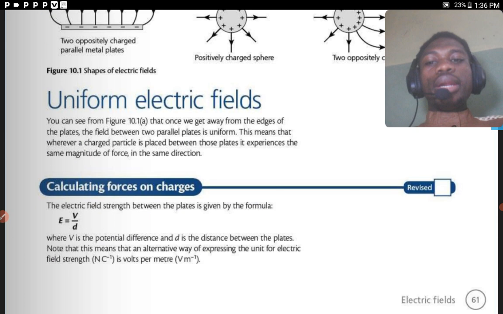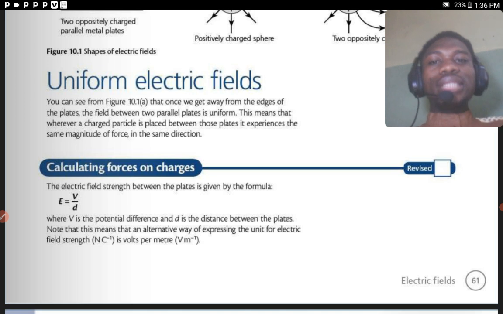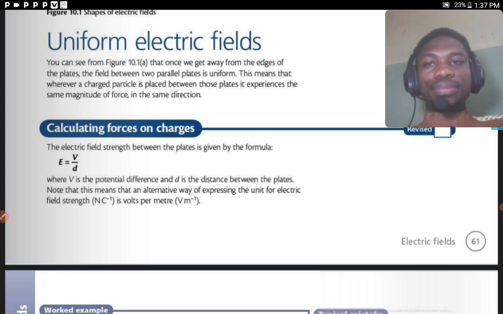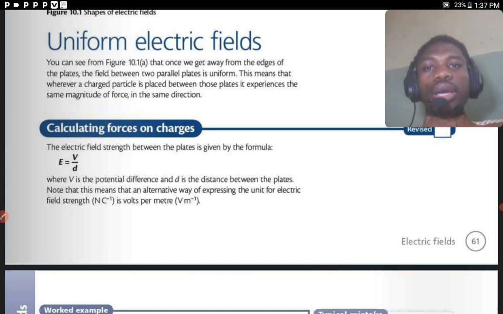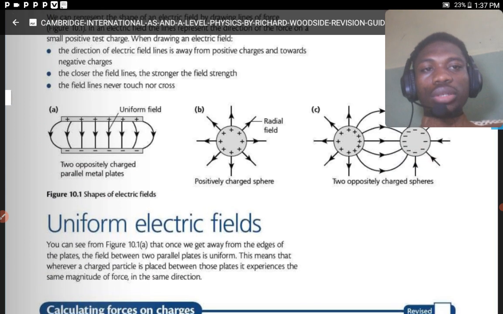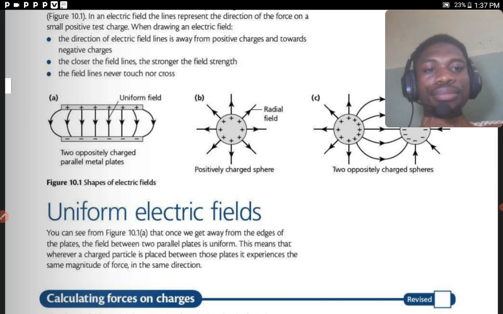Now, the next thing we're going to look at is the uniform electric fields. What do we mean by uniform electric fields? Coming back to this figure here, the diagrams we were just studying.